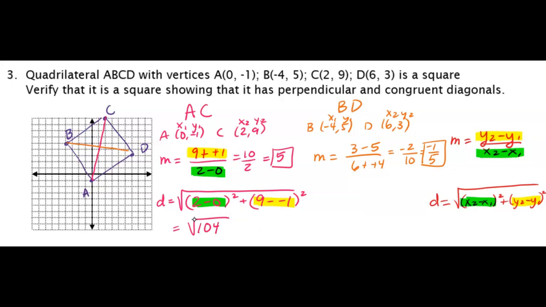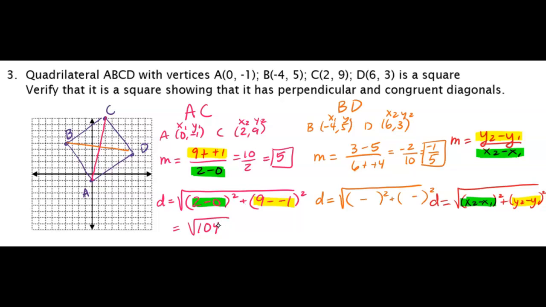Now, normally we would say, okay, let's break it down and see if we can simplify it a little bit more. But that's not exactly important here. What's really important is that we find out that the distances are the same, not necessarily that they are reduced. So let's skip over now to BD, and we'll do the distance formula, and we can do the same thing that we did before, with the yellow and the green situation. And this one we can do a little bit faster now that we've kind of reviewed it.